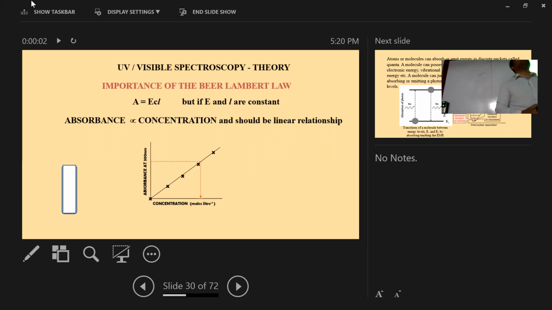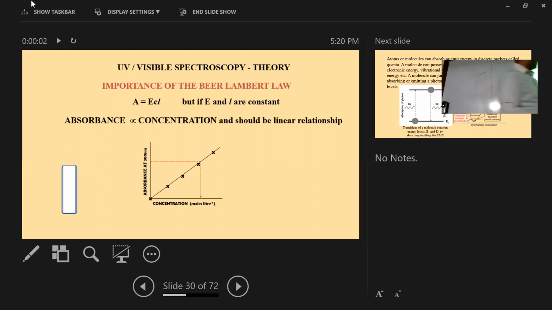So when we want to determine the concentration of an unknown sample, we need to fix the length of the cell, so that if we take different concentrated samples in our cell, then we get different absorbances, and we can plot a standard curve against the concentration.